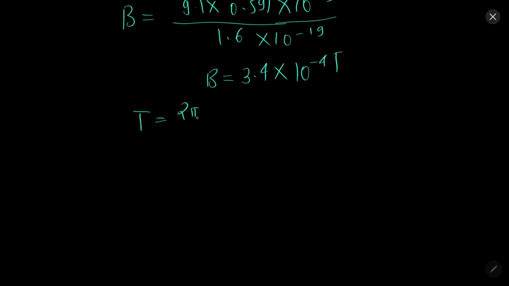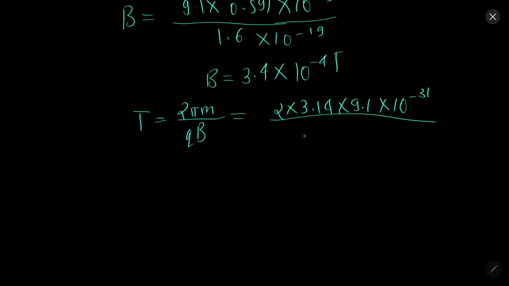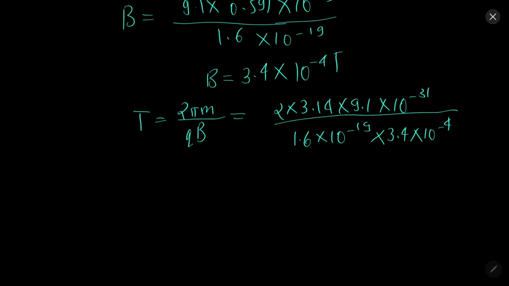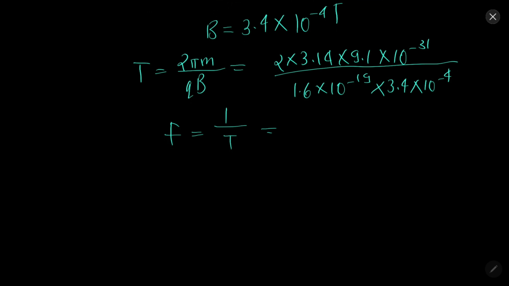T will be 2 pi m by qB, so it will be 2 into 3.14 into 9.1 into 10 to the power minus 31 over 1.6 into 10 to the power minus 19 into 3.4 into 10 to the power minus 4. So frequency will be 1 by T, which will come out to 9.51 into 10 to the power 6.